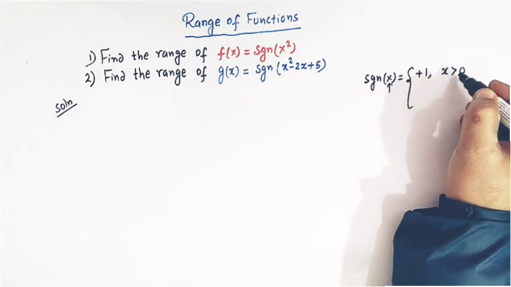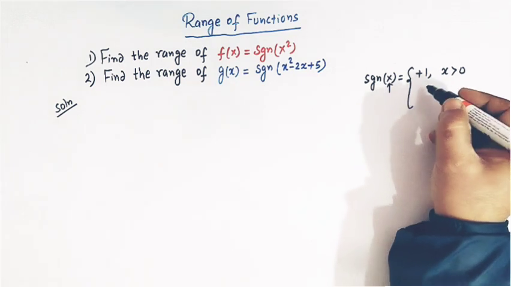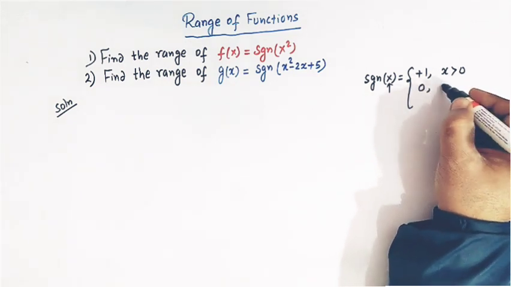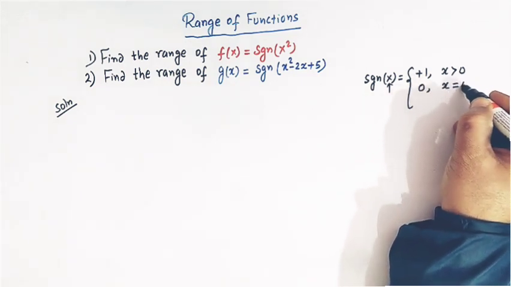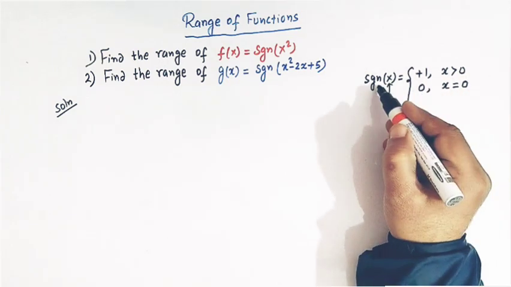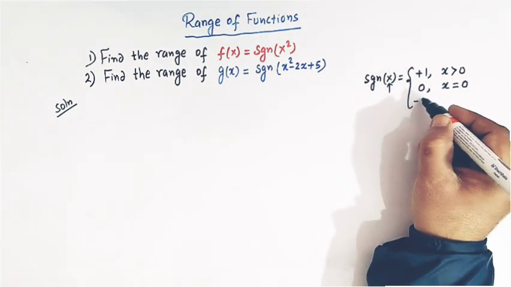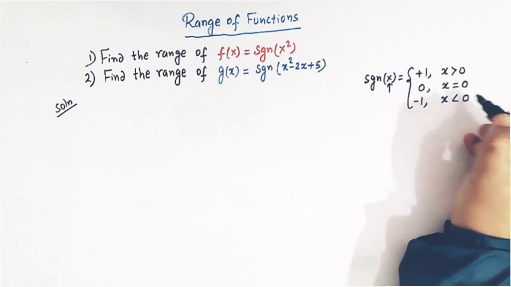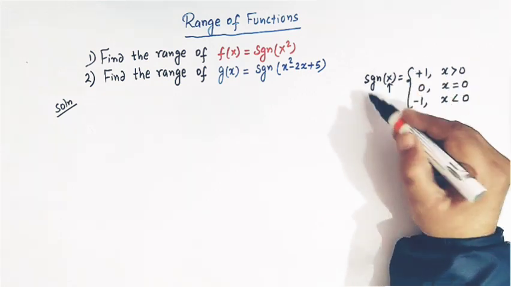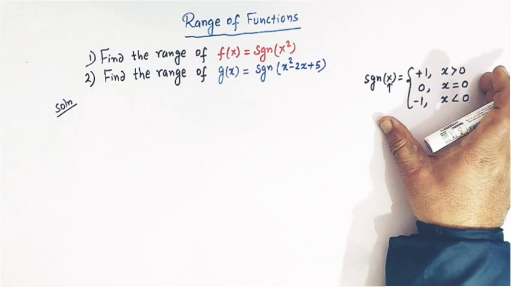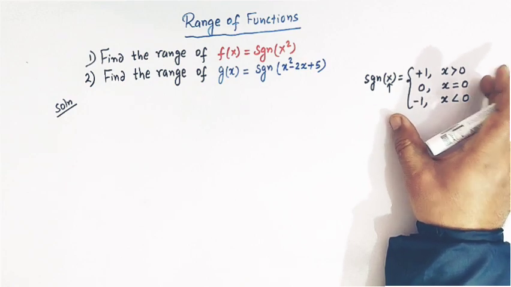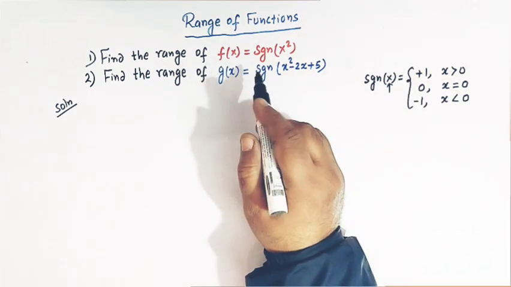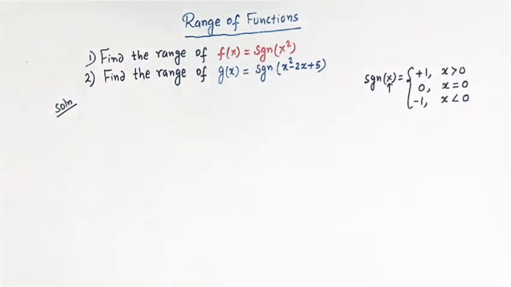And signum of x is equal to 0 whenever x is equal to 0. And signum of x takes the value minus 1 whenever x is less than 0. This is the definition of signum function, and we are going to utilize it to find out the range of these two functions.